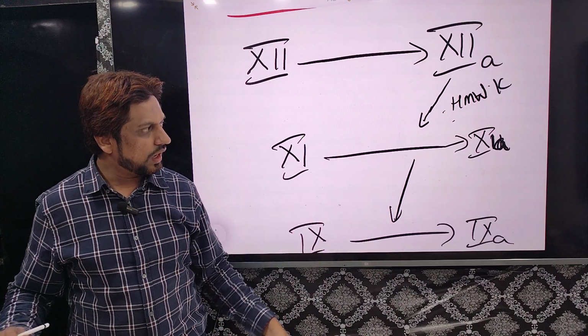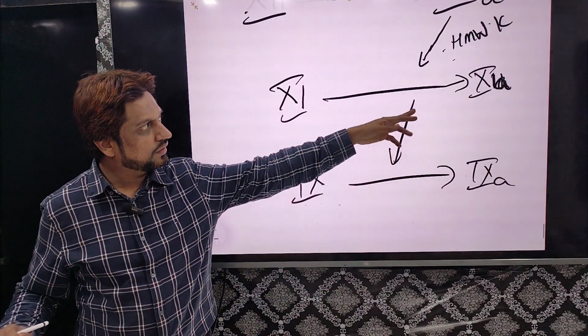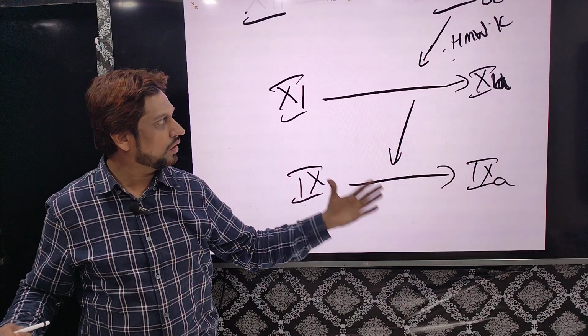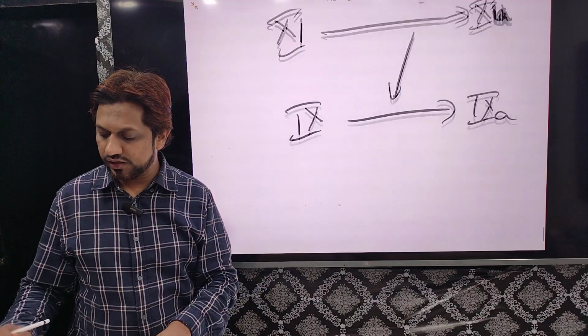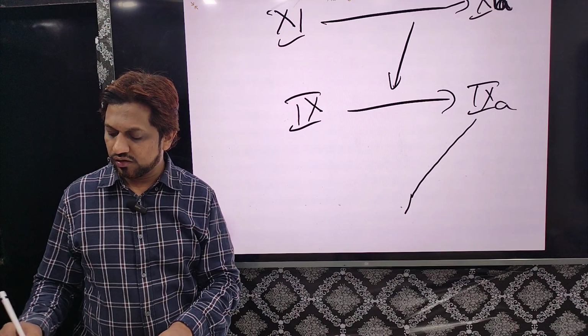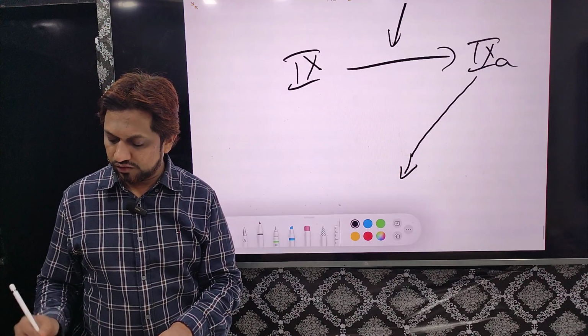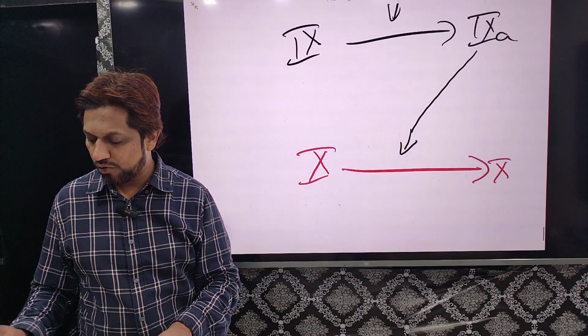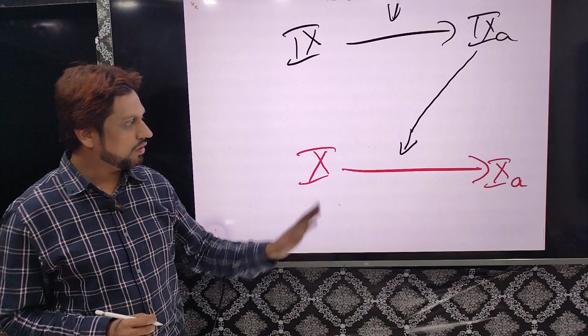Then factor 11 converts the factor 9. Okay, 10 is not there, 10 will come later. Then this activated factor 9 will cause the conversion of inactive factor 10. That is the most important step. Common pathway.